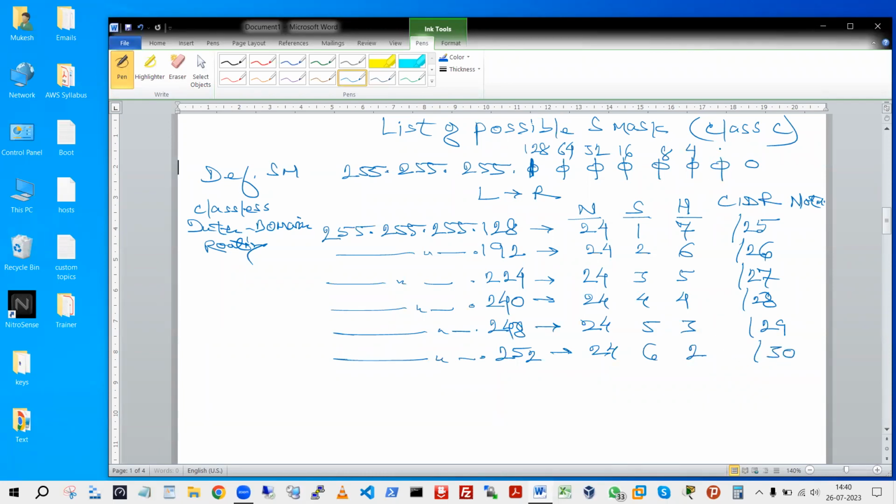One more bit on, meaning plus 2. So the mask becomes 254. That is 24, 7, 1, /31. And if I take all plus 1, it's all 255, 255, 255, 255. 24, 8, 0, /32.